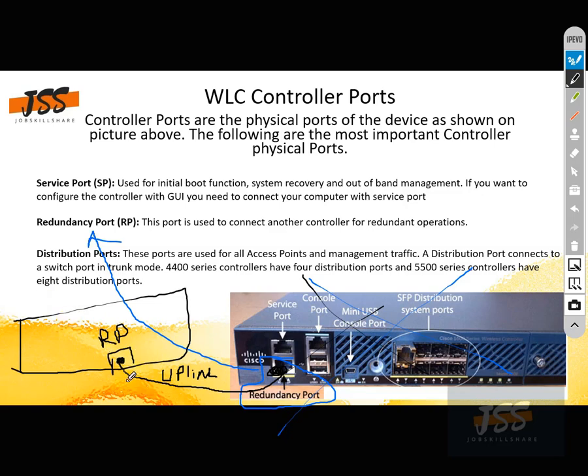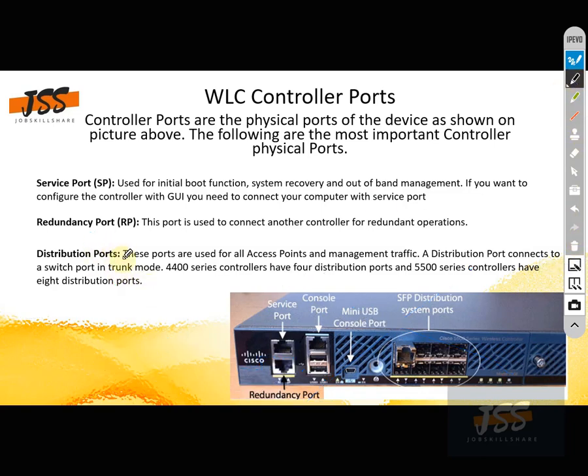Whatever devices are connected with these two as a redundancy, before they were using this as the main controller, but this time it is down. Now they will go through this other wireless LAN controller. So redundancy is required and is a very good feature we use in an organization. So the RP port is basically concerned with that option.